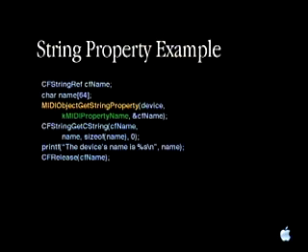So continuing just on properties in general, here's an example of how to get a string property of a device. We use MIDIObjectGetStringProperty, and that works for any of the objects in the hierarchy: devices, endpoints, or entities. We're passing the kMIDIPropertyName constant to say which property we want.